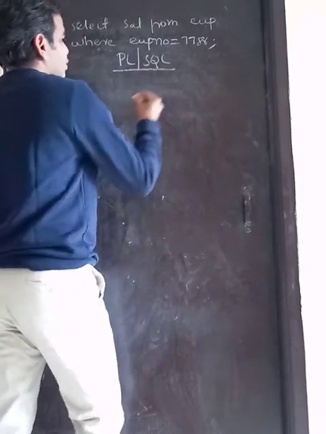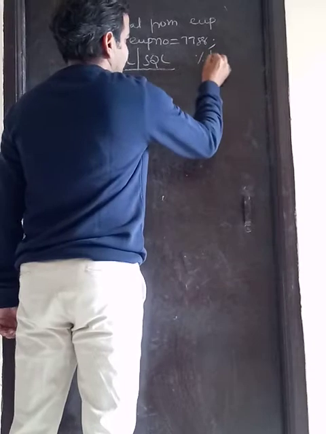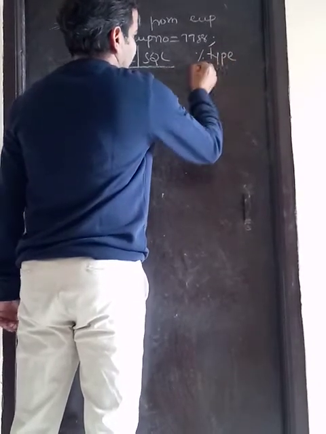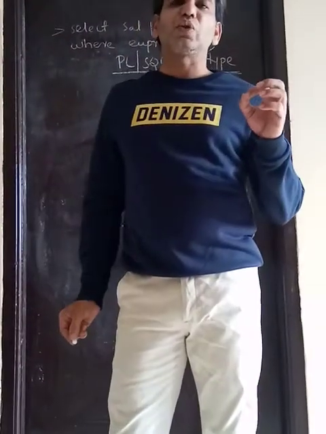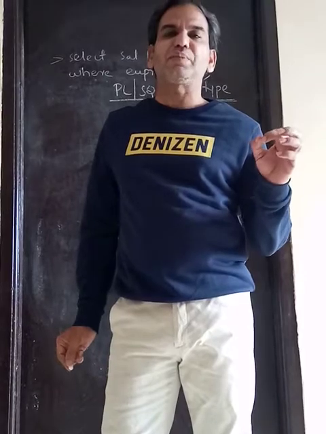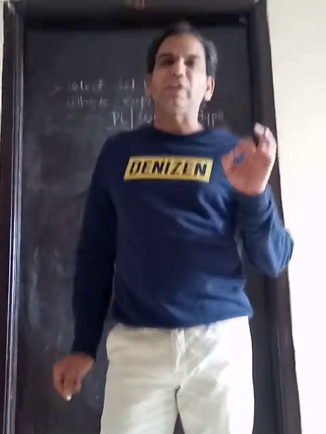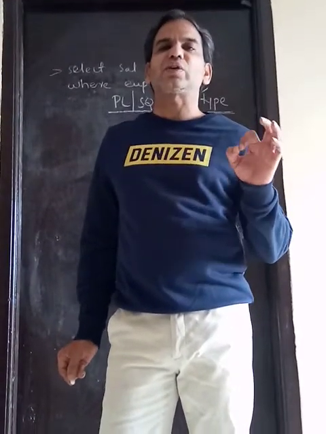So here we are using %TYPE. It is one of the attributes of PL/SQL. %TYPE is used to access the structure of one column into the current variable. Only it will access the structure, not a value.